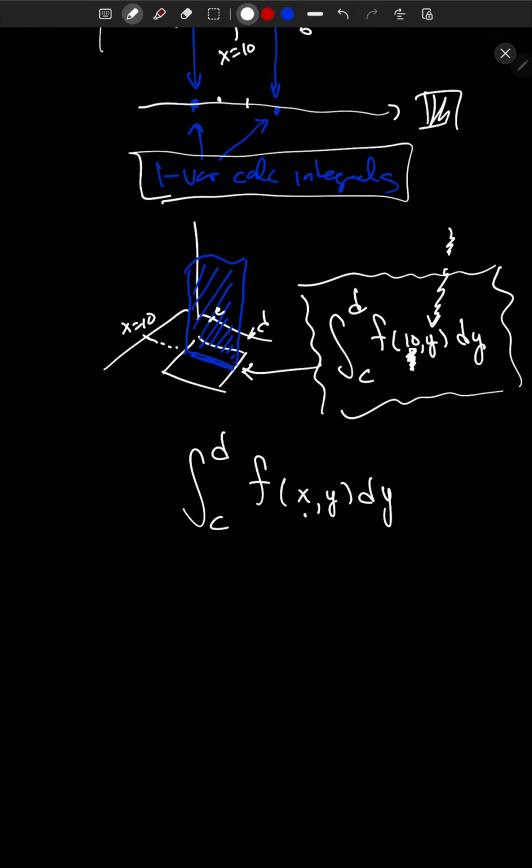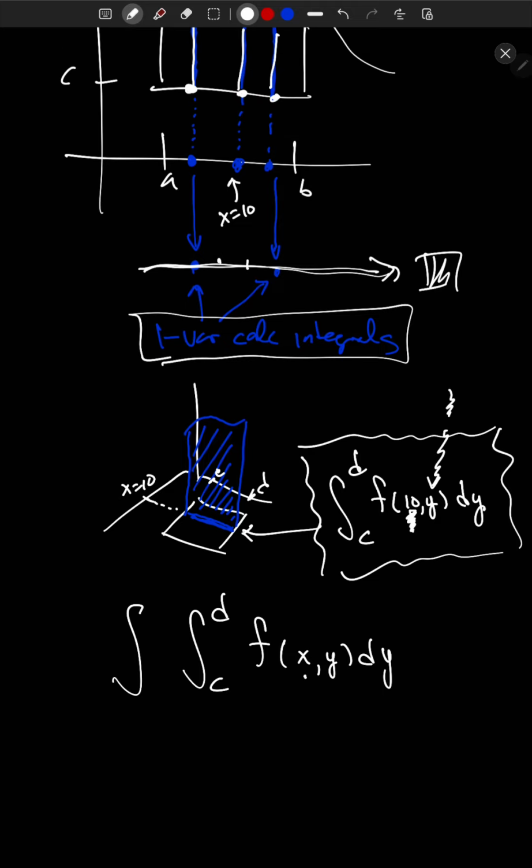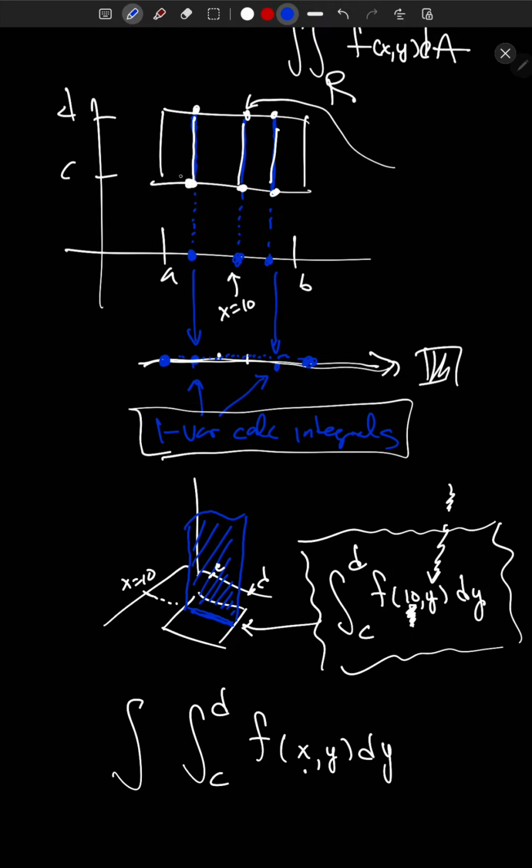But when I add up these values horizontally, what am I doing? That's an integral. And I'm going from what to what? I'm adding up all these values, starting from x equals a, with strips going all the way to x equals b. Every x value corresponds to a strip upstairs.